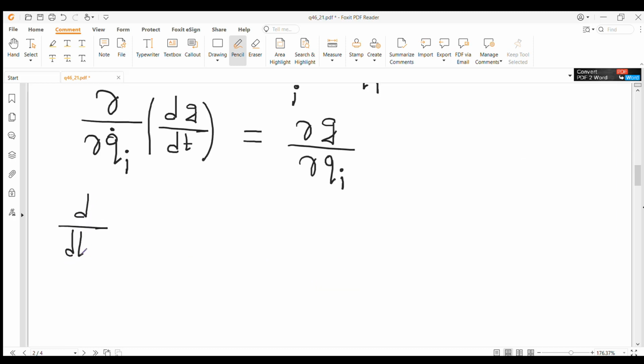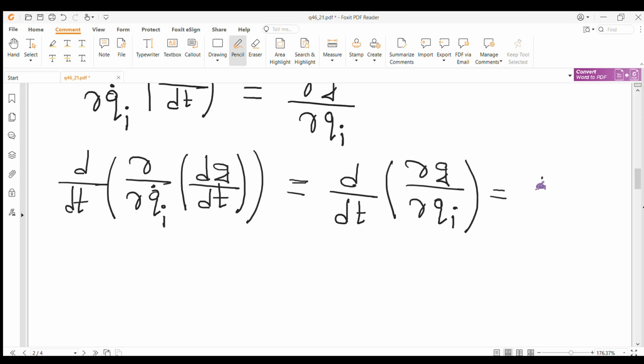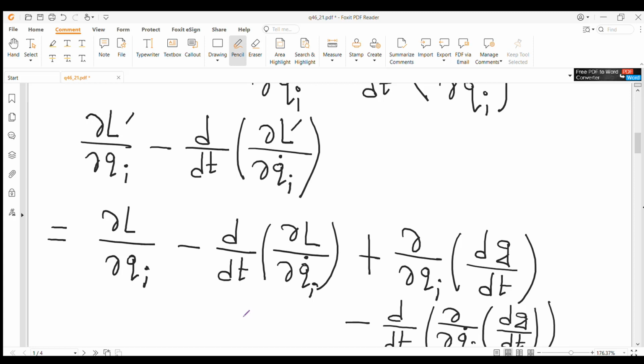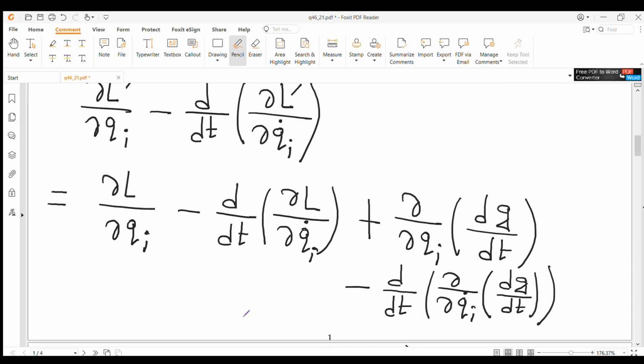So d/dt of ∂/∂q dot of dg/dt equal to d/dt of ∂g/∂q. This can also be written as ∂/∂q of dg/dt. So ∂/∂q of dg/dt is equal to d/dt of ∂/∂q dot of dg/dt.